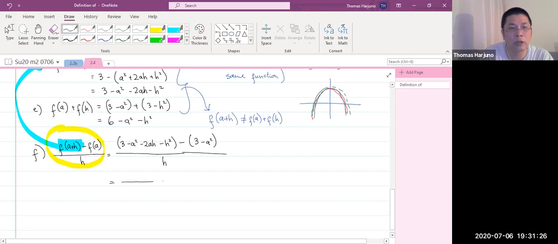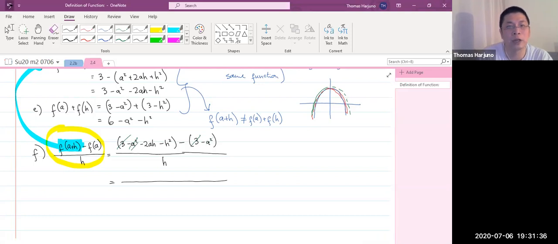Let me slow down a little bit. Actually, at this level, I do expect you to be able to see that you can cancel the 3 and the a squared, right? But suppose you don't, and I distribute, open the parentheses first.